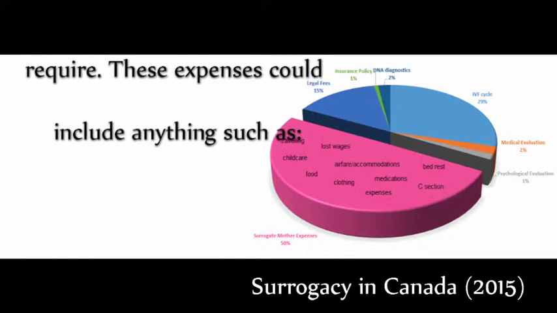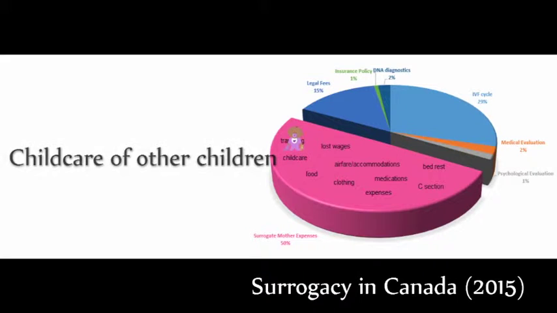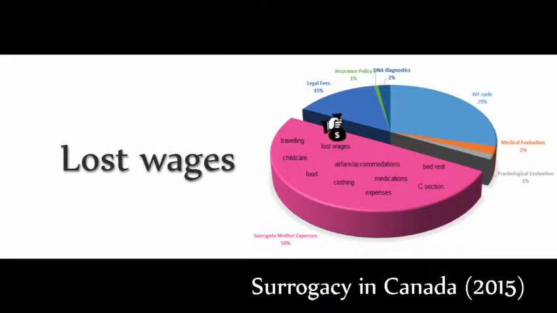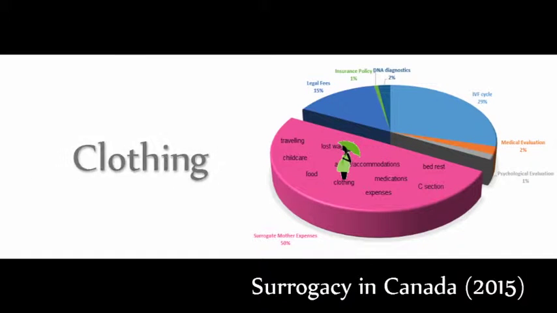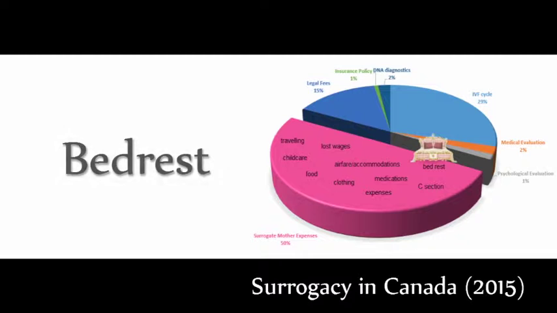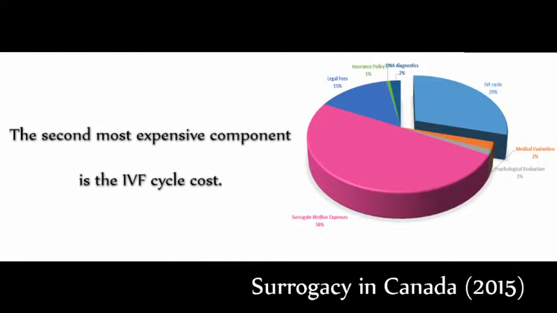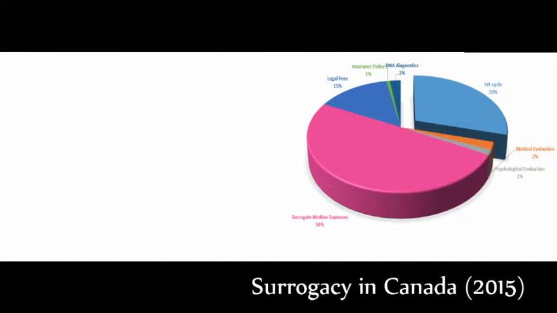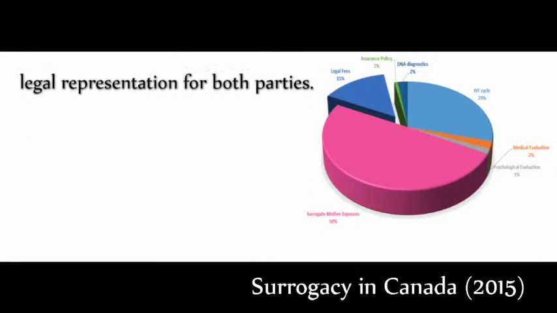These expenses could include anything such as traveling to and from clinics, childcare of other children, lost wages, food, airfare and accommodations, clothing, medications, expenses for C-section birth, and expenses for bed rest. The second most expensive component is the IVF cycle cost, and third is $10,000 for legal representation for both parties.